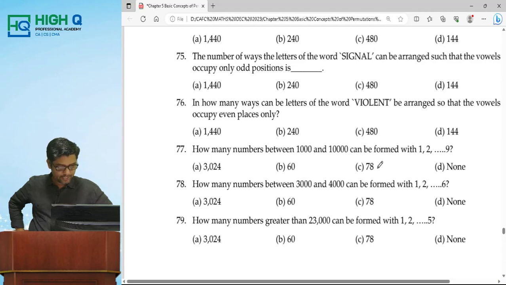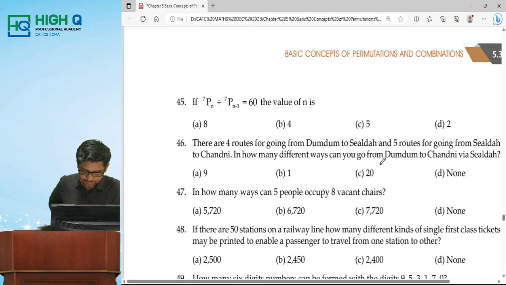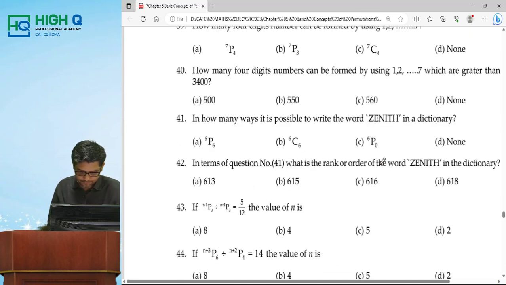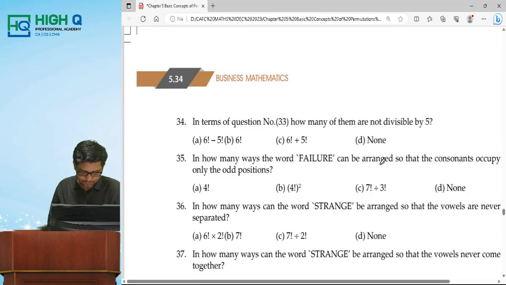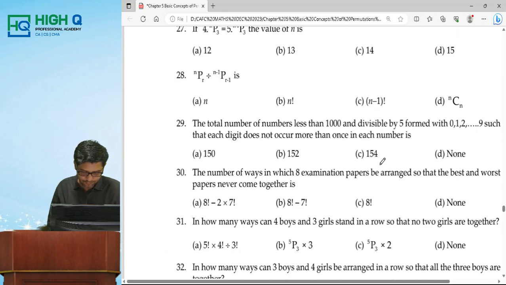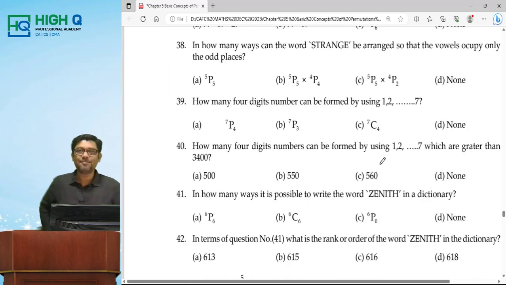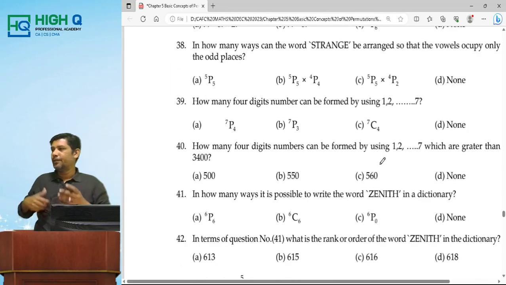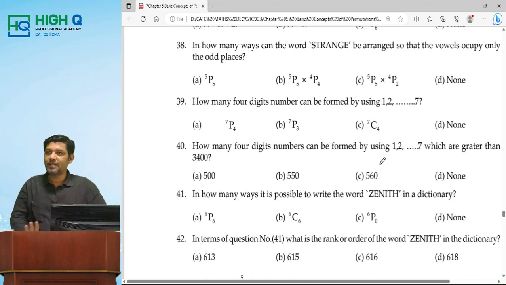I'll do 79. This is 3,400. 40? 40. Correct.